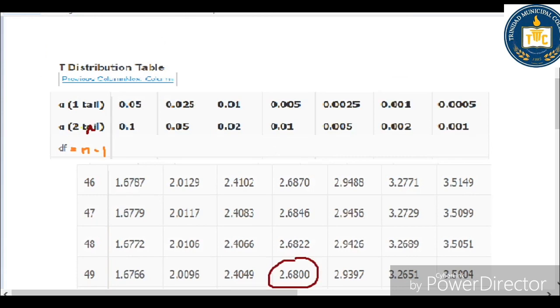Then 0.01, in the fourth column here. Then locate for our sample size of 50. So degrees of freedom formula is n minus 1. 50 minus 1 is 49. So here, 49. Then the intersection for 0.01 and 49 is 2.6.